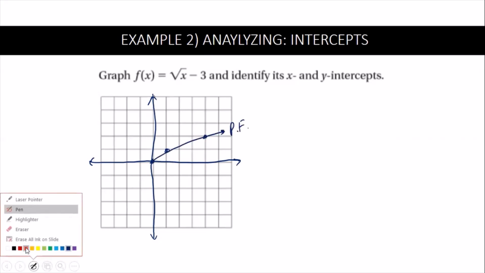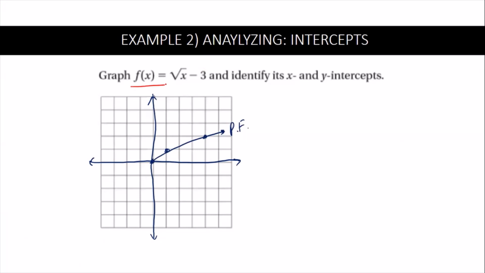And then looking at f of x equals the square root of x minus 3, I have -3, which means d equals -3. So that's a translation down. That means I'm taking each one of these points and I'm taking them down 3. So here's my f of x.